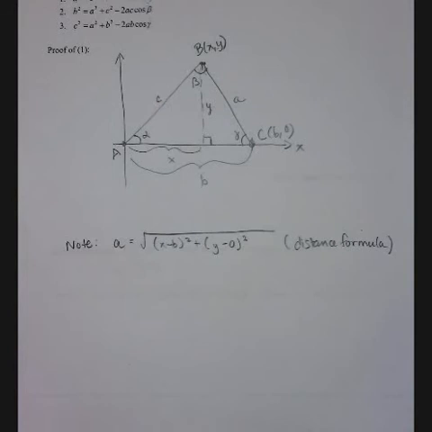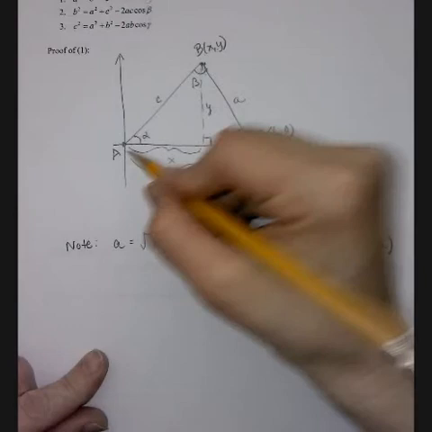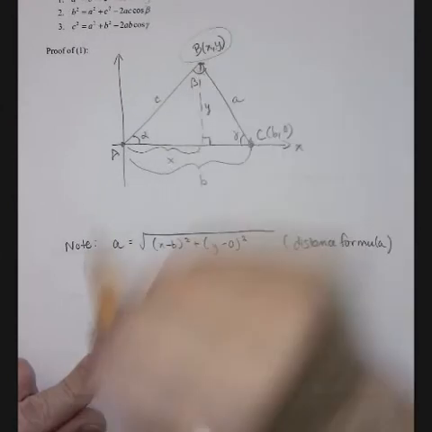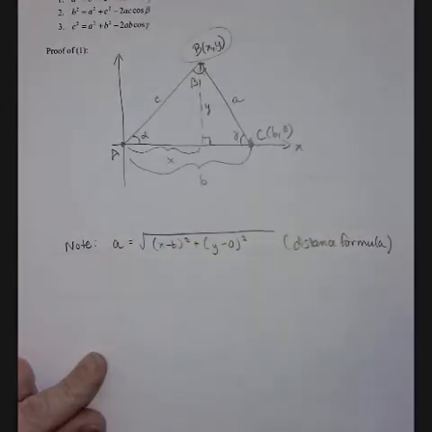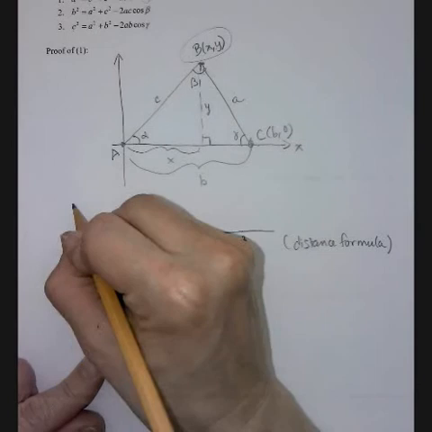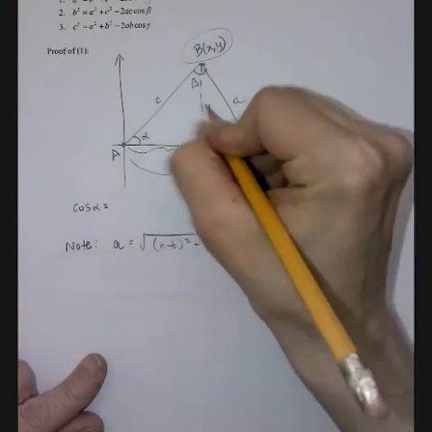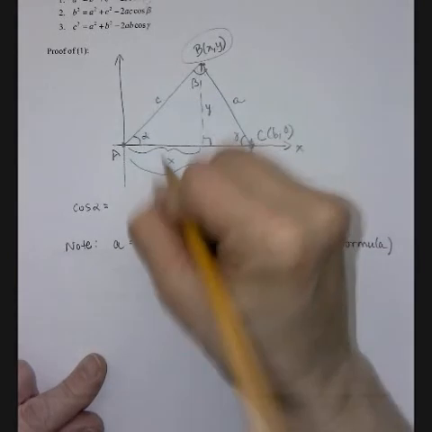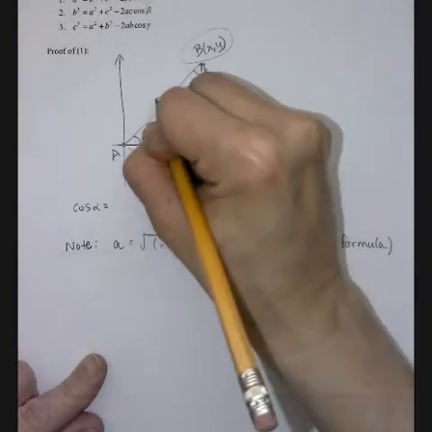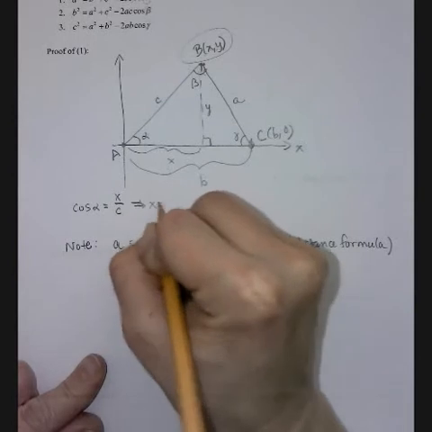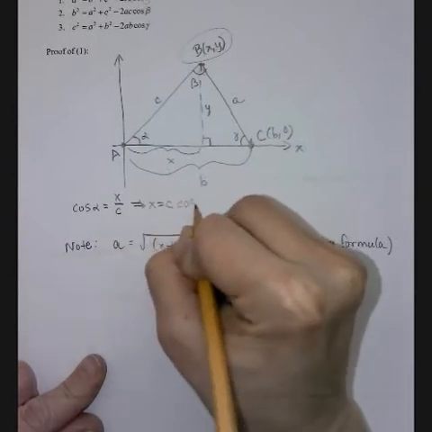So what I want you to know is we can use this right triangle here to write the coordinates of this point. This is all based on the definition of the trig functions. The cosine of alpha is equal to x over c. I'm doing cosine, adjacent over hypotenuse. So that implies that x is c cosine alpha.